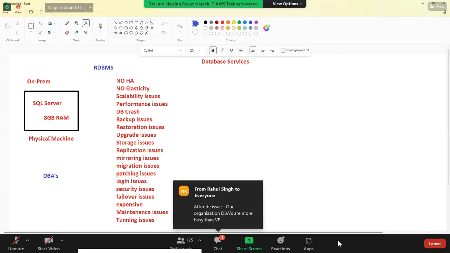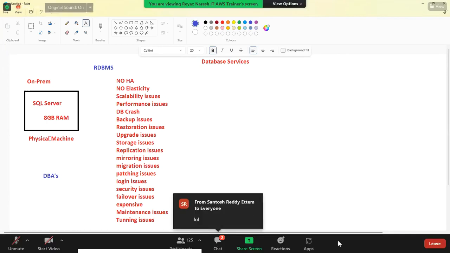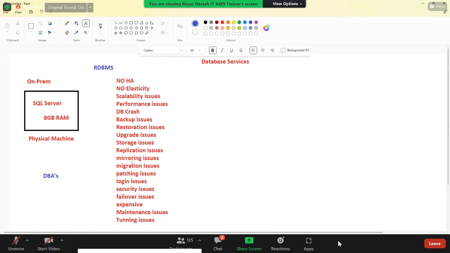That's true, but they are very busy. Replication, migration issues: the DBAs will get fever for 10 days. Patching will be happening and the server will not come up. Security, login issues, slowness, performance, whatnot. So many issues.